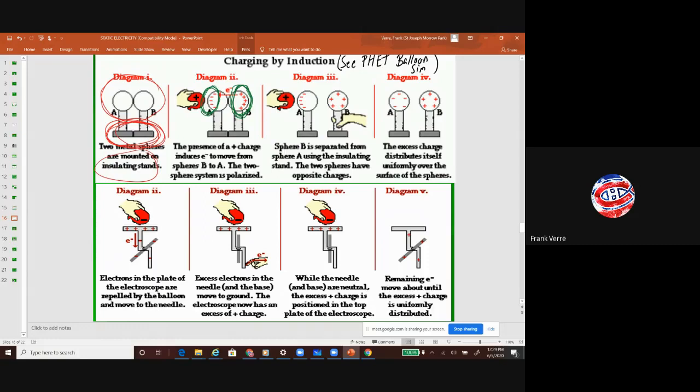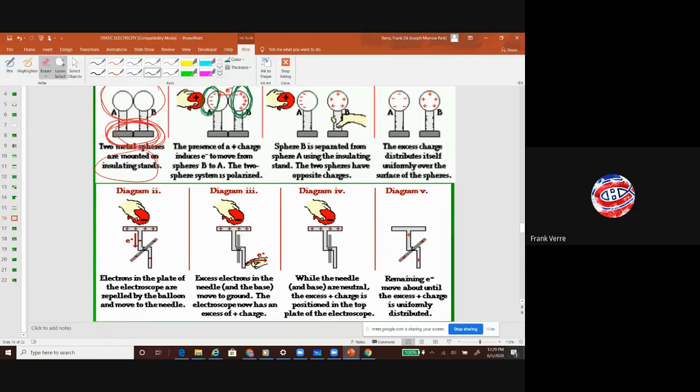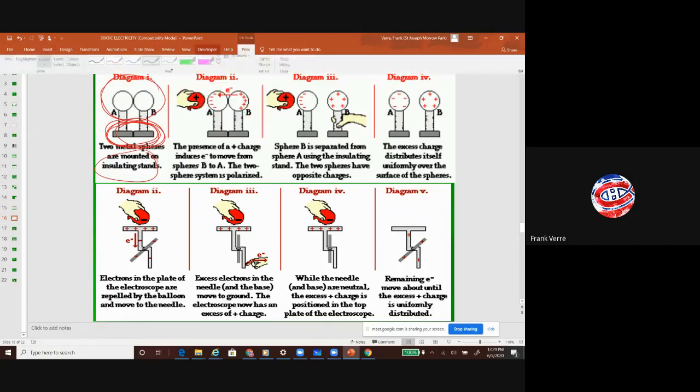And that's, you can see, not through contact. You can see in the animation, there's no contact between the charged object and the metal spheres. This is induction, okay? Induction causes the electrons to move to the left, and then when you separate the spheres, we've actually charged them, okay? So that is charging by induction.